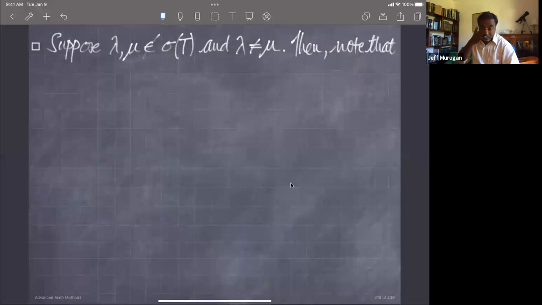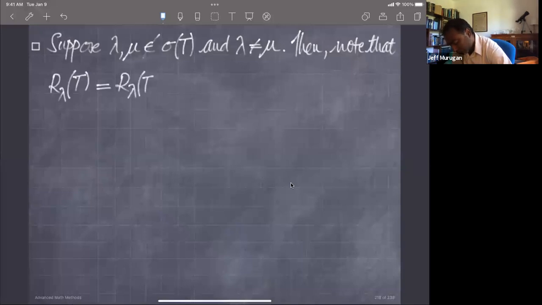Note that if I take R lambda of T, which remember is T minus lambda inverse, then I can write this thing as R lambda of T, R mu of T, provided I act from the right with T minus mu.